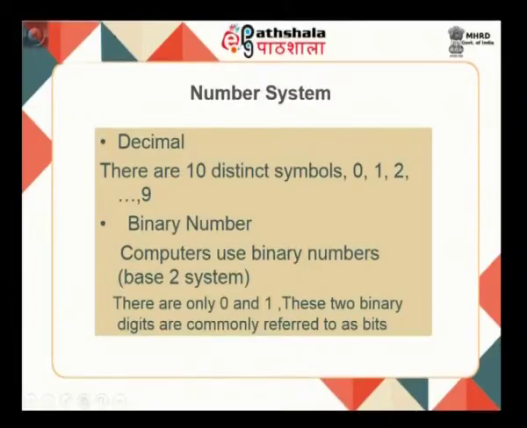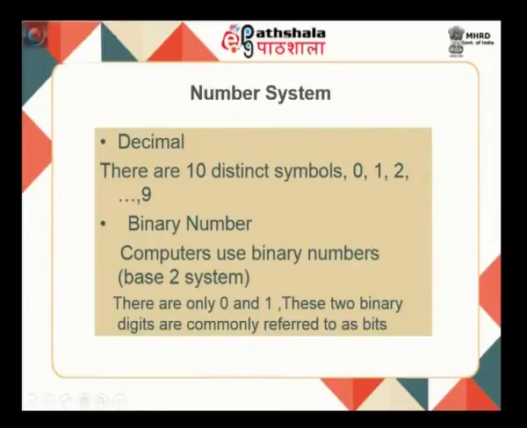Usually in the real world we use only decimals, where the decimal numbers are 0 to 9, with 10 different symbols. So we have a base of 10. But when you look at binary numbers, they have only zeros and ones.